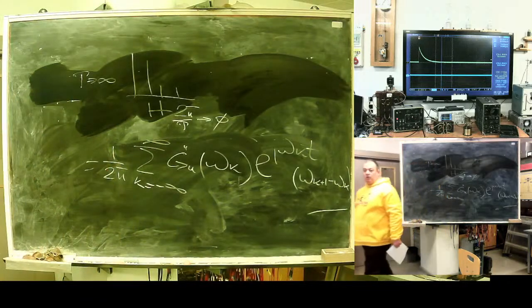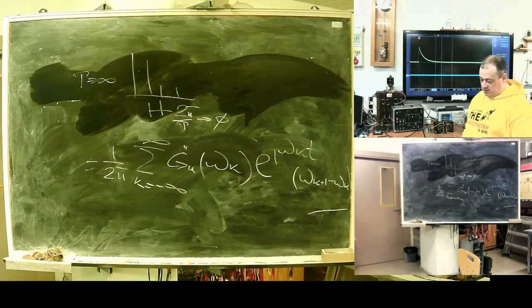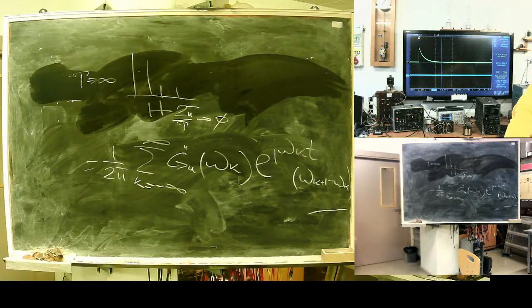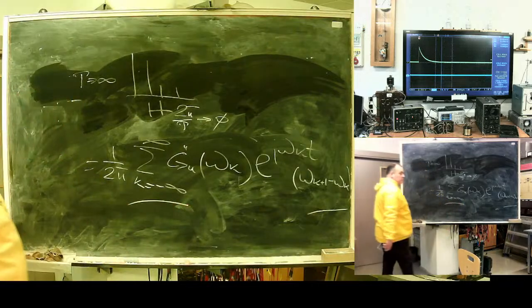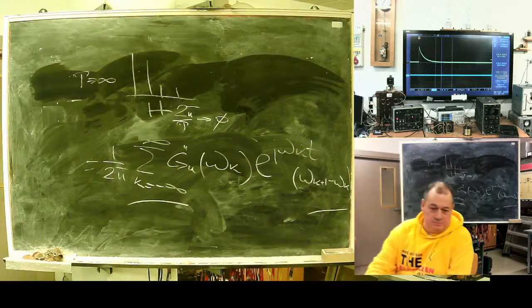All spectral lines come together. And what will we get? One nice area or figure. This sum will become what? An integral.